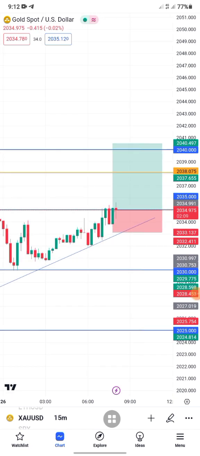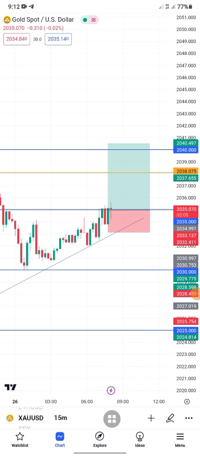This market is likely to give us a buy setup, because this candle right here closed as a full body candle, and as you can see, it's still forming.